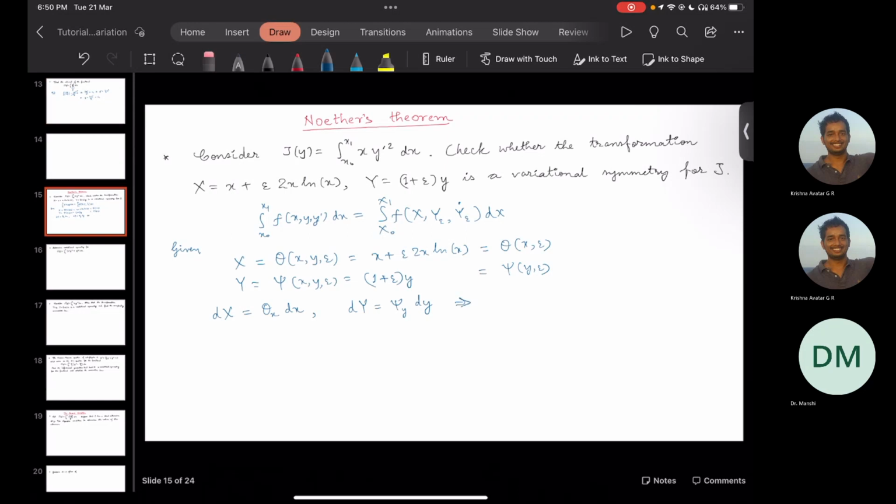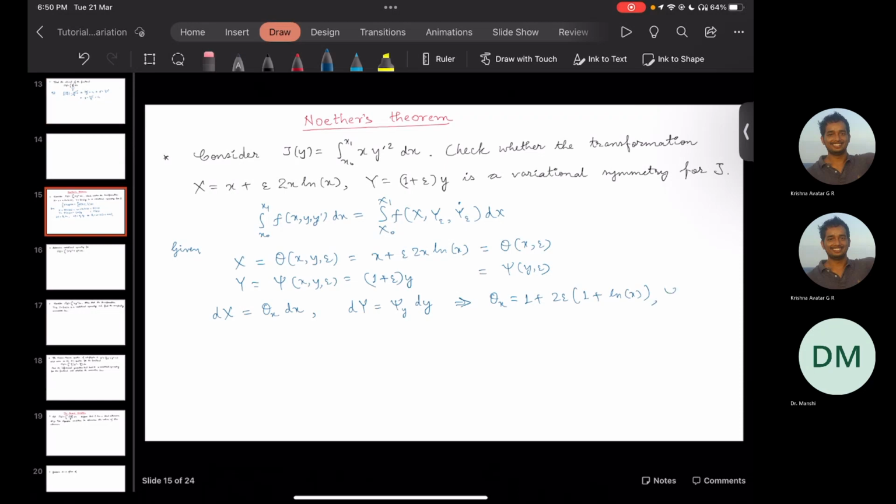What we see clearly here is that theta x is equal to 1 plus 2 epsilon, and then x into the derivative of ln x with respect to x. So it gives us 1 by x, and x into 1 by x is 1. And this is using the chain rule, and then d by dx of x is just 1. So we'll have ln of x, right?